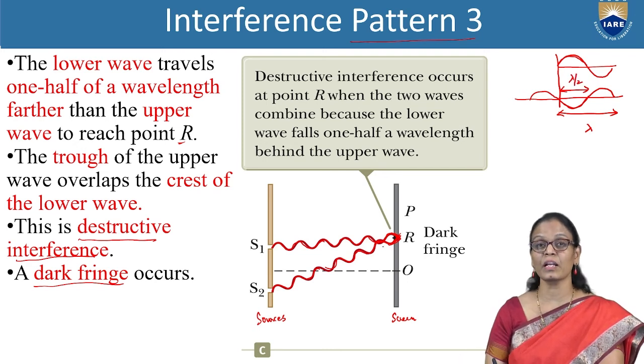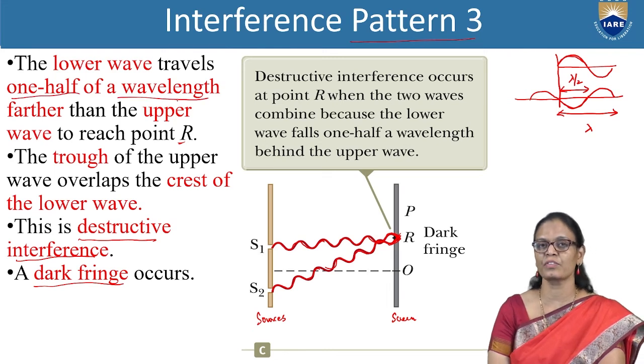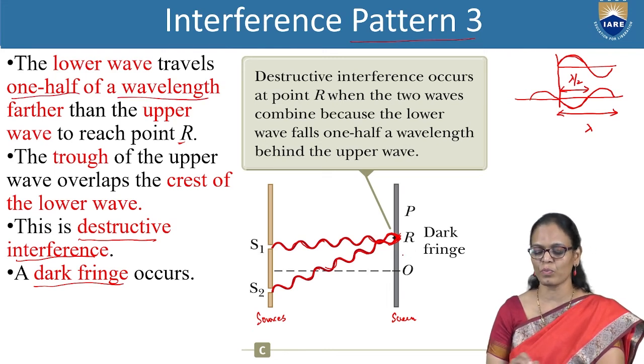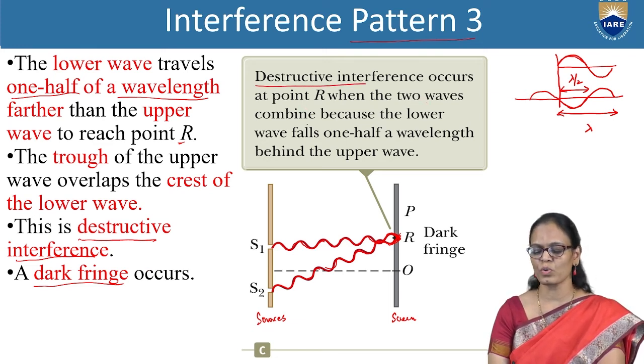So they are differing in wavelength, half the wavelength. That is why we say 1/2 of the wavelength difference. So because of that, what happens? There is destructive interference. Destructive interference occurs at the point R when the two waves combine, because the lower wave falls 1/2 wavelength behind the upper wave.